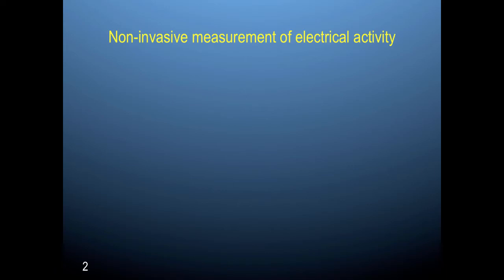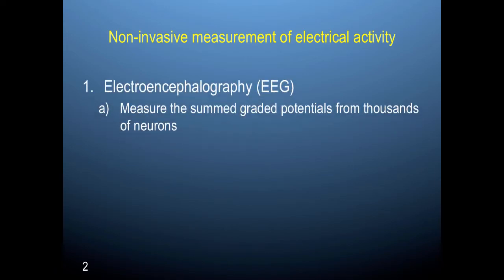In particular, we have EEG. This is electroencephalography. This particularly tries to assess electrical activity in the brain. So this measures the summed graded potentials from thousands of neurons.